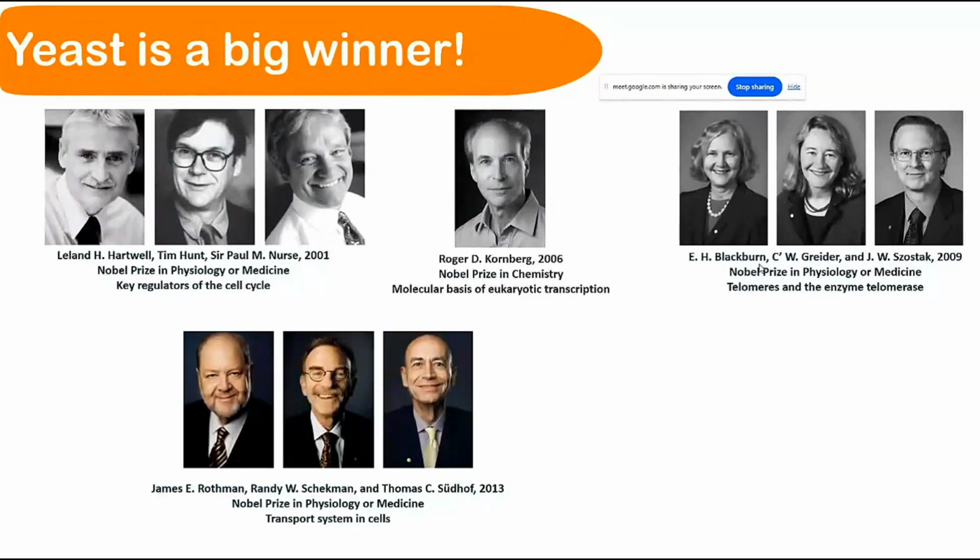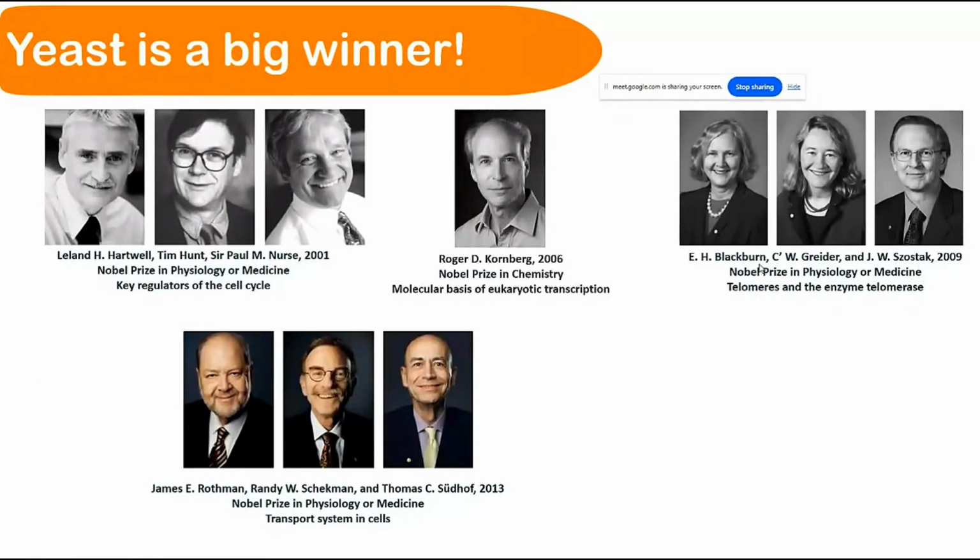These three gentlemen, Rothman, Schekman, and Südhof, in 2013 got the Nobel Prize in Physiology or Medicine again for the transport system in cells. If you can remember how the membrane system functions in the cell with respect to vesicle transport from, say, the endoplasmic reticulum to the Golgi complex, then Golgi complex vesicle formation to various parts of the cell, or maybe exocytosis and all.